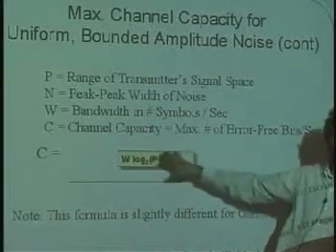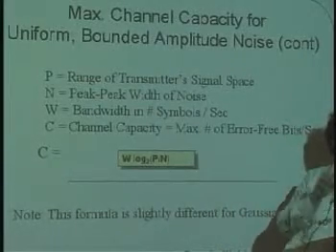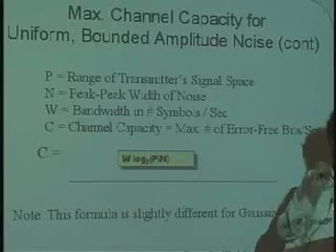Now, of course, if I'm sending bits down a channel, I may not just send 1. I typically send 1, and then I send another 1, and then I send another 1.